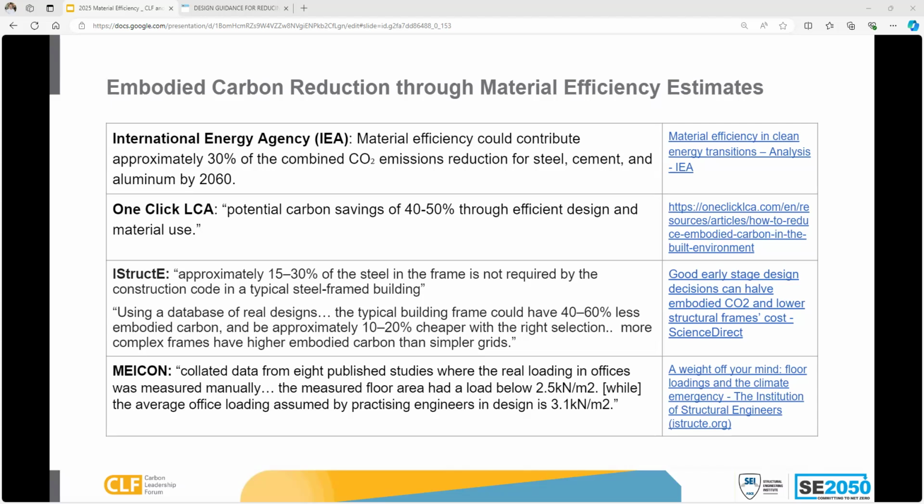This isn't limited to construction, because steel and aluminum are used in a lot of other things, but it was alarming to me when I first saw it that they put the number that high. And then there's these other sources, noting some other ranges and percentages of how much overuse in material there really is in our current designs.